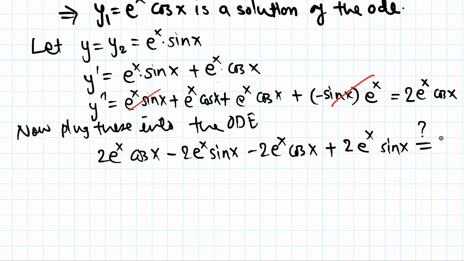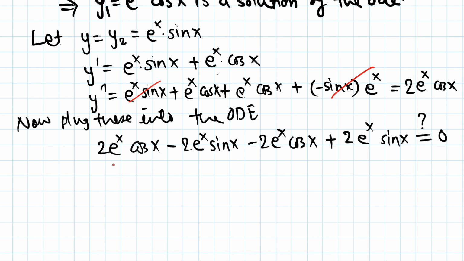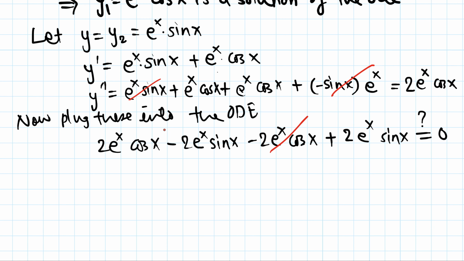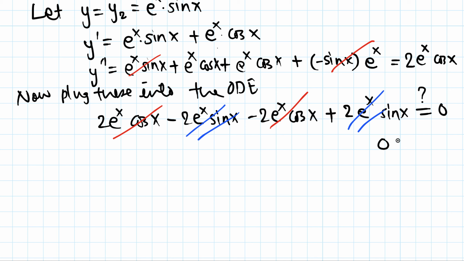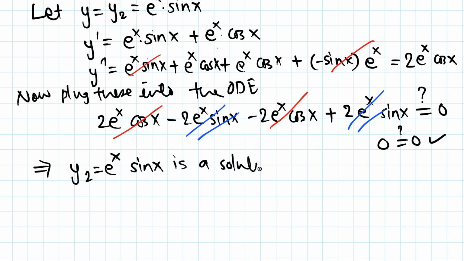We are checking if this is 0. The 2 e^x cos x terms cancel, and the e^x sin x terms cancel as well, so yes, 0. This implies y2, e^x sin x, is a solution of the ODE y'' - 2y' + 2y = 0.